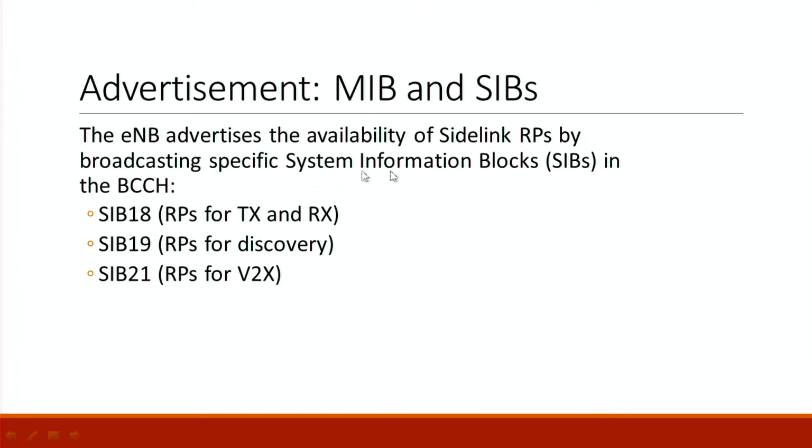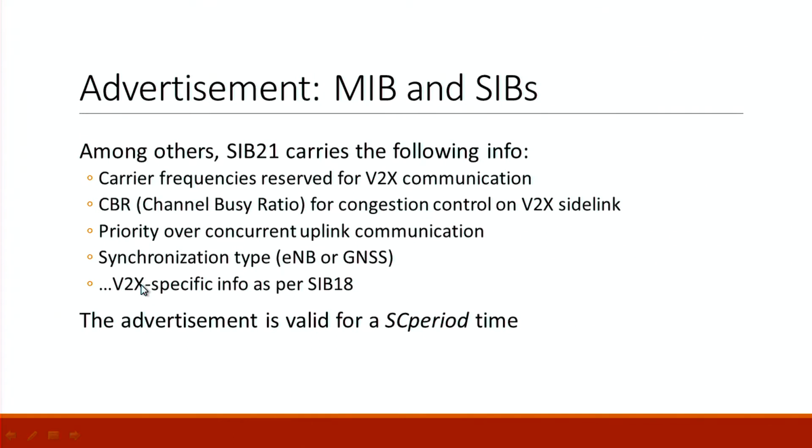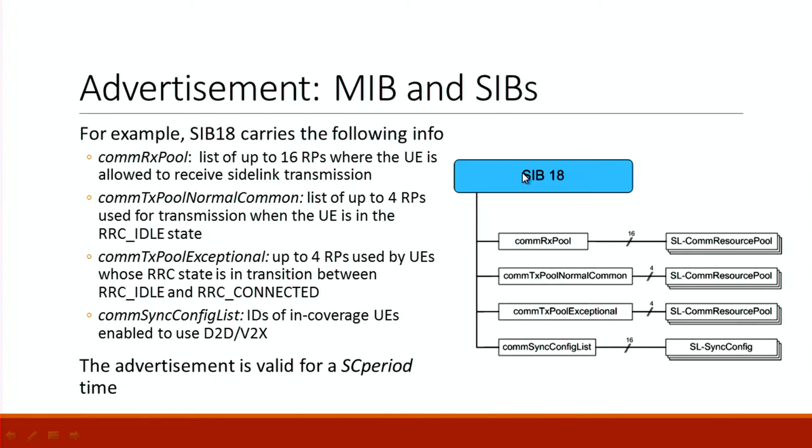As I said, system information blocks introduced specifically for side links are these 18, 19, and 21. For example, System Information Block 18 carries a number of additional information.